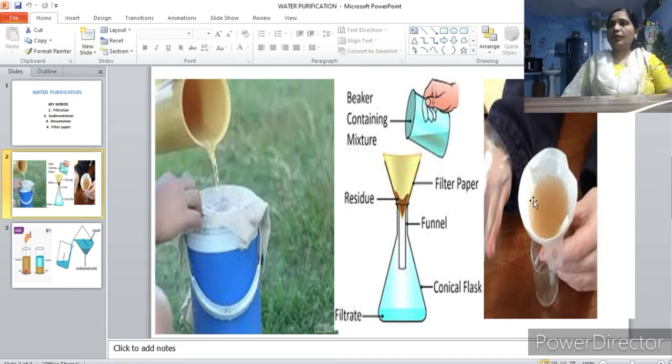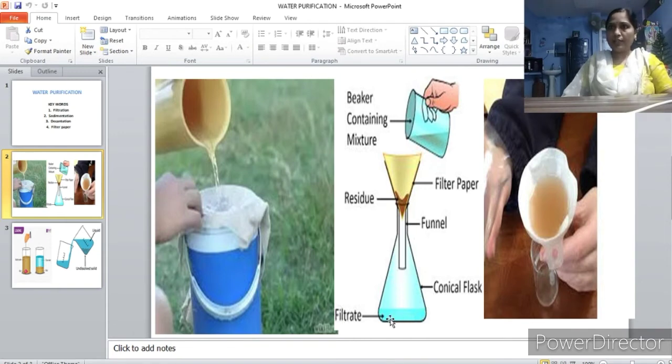Now in this mug you have dirty water. You just pour this dirty water into the cotton funnel slowly. Like this you have to arrange. Here this experiment is done in the science lab, so all the scientific apparatus are used.